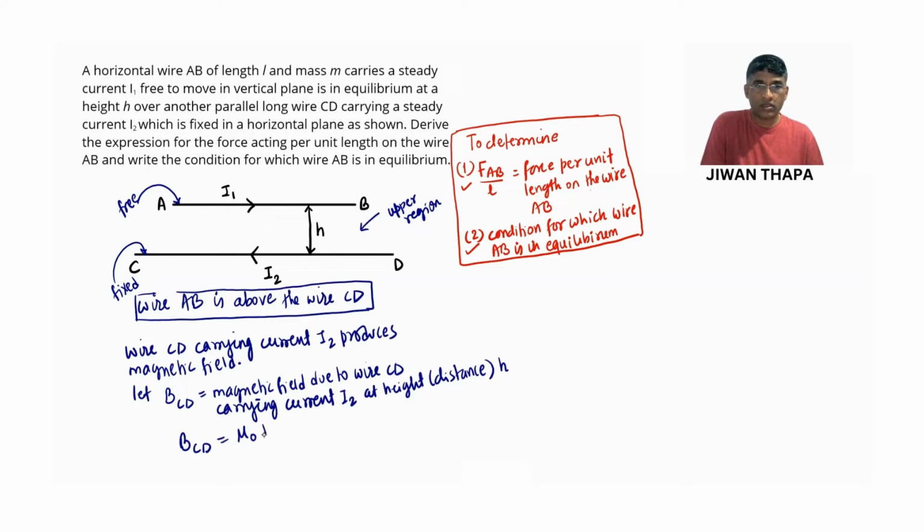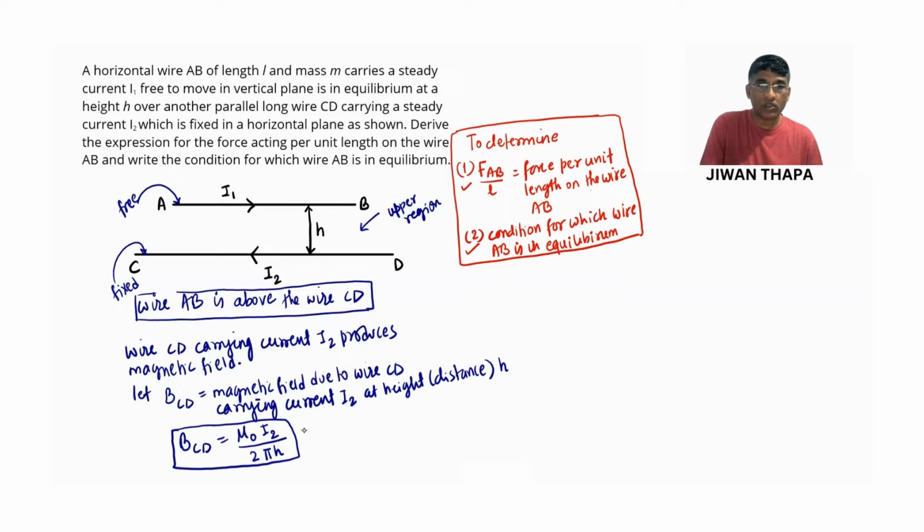is mu naught I2 by 2 pi h. This is the magnetic field due to a straight conductor.